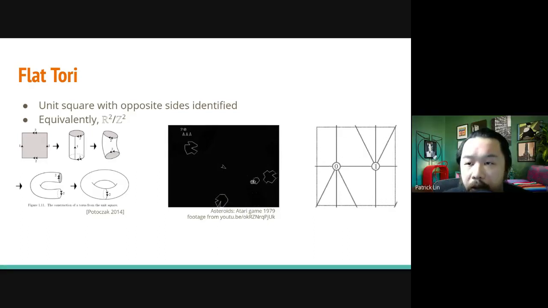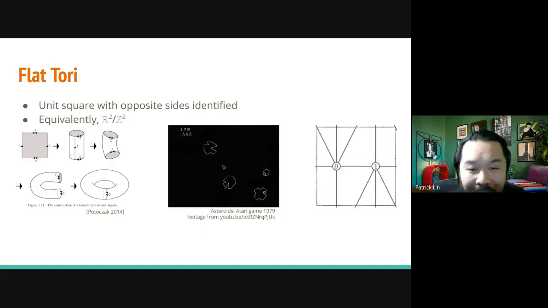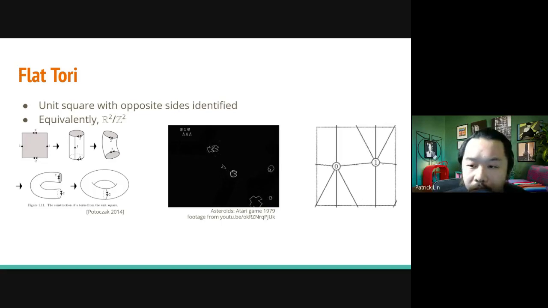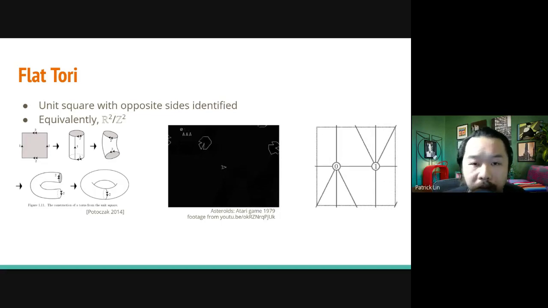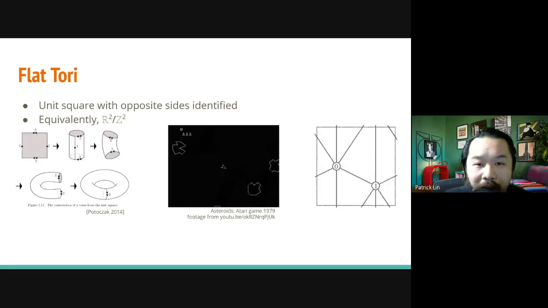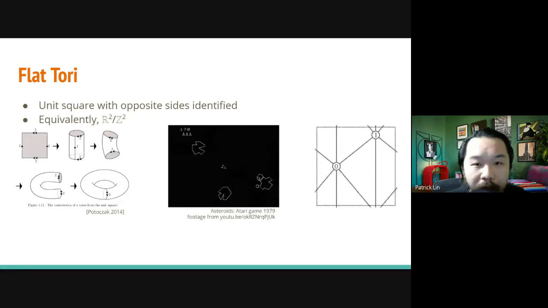That is the obstacle here, because when you have positive curvature, geodesics are weird. When you have uniform non-positive curvature, so flat or negative, there's only one geodesic that wraps around in a given way. For every way that you can wrap around the torus, there's only one geodesic that does that.